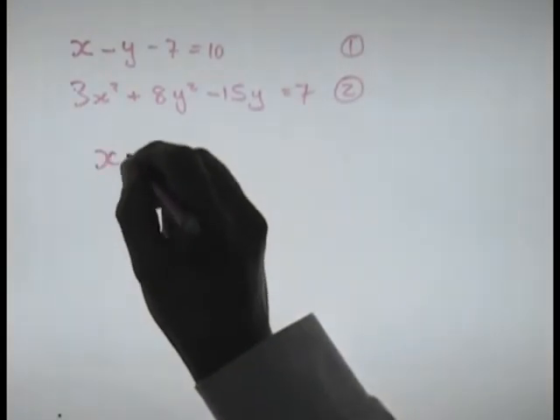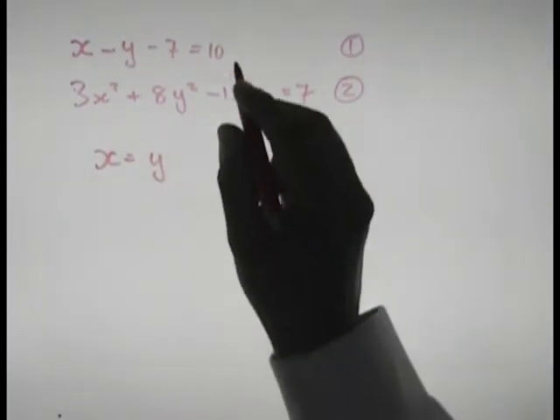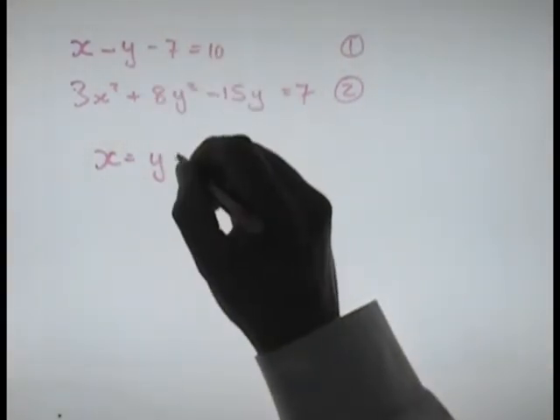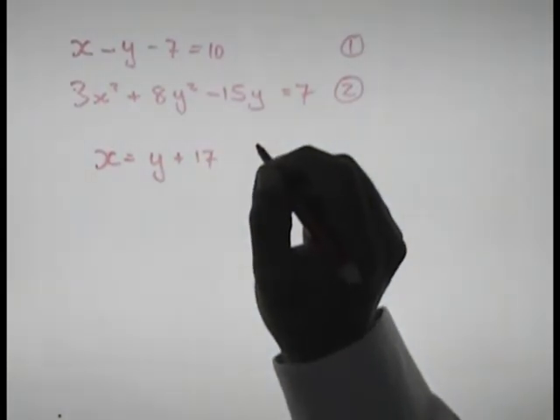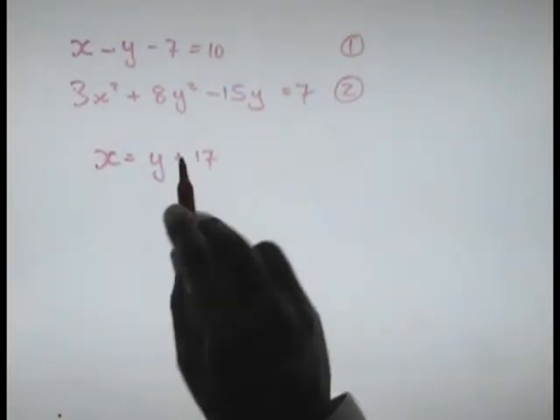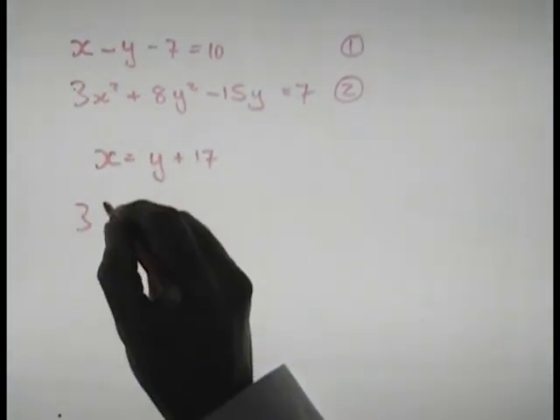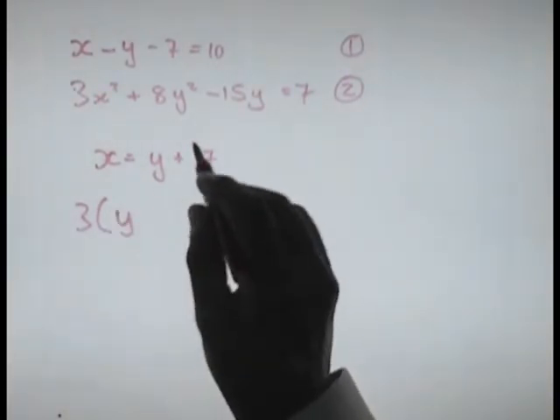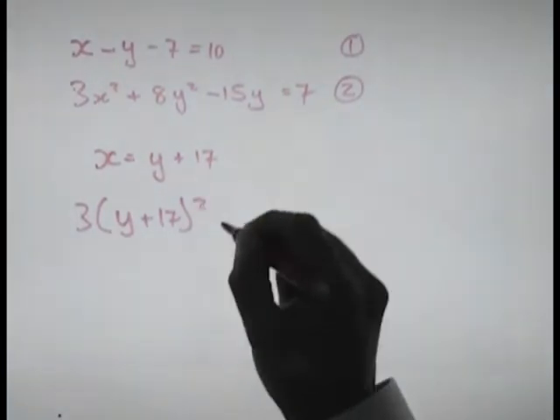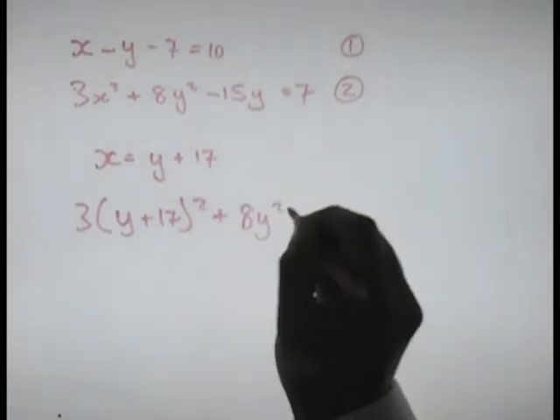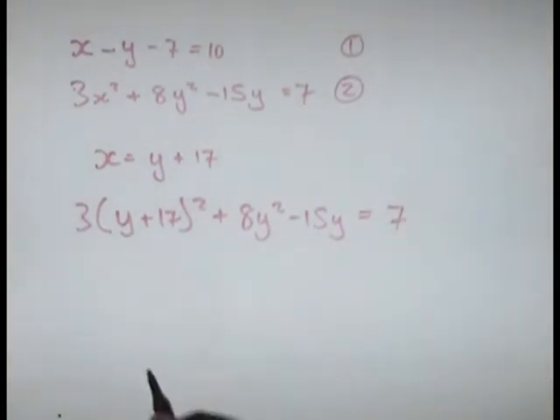I'm going to turn this into x is equal to, take the y across, it becomes positive y, 10 plus 7 becomes 17. I'm going to plug this in to wherever I've got an x. That will become 3 times (y plus 17) squared plus 8y squared minus 15y is equal to 7.